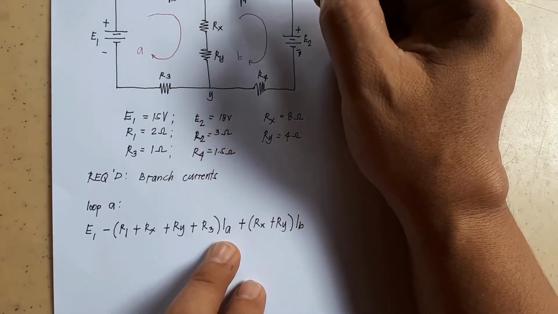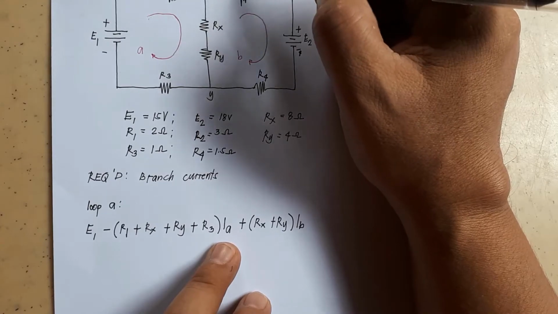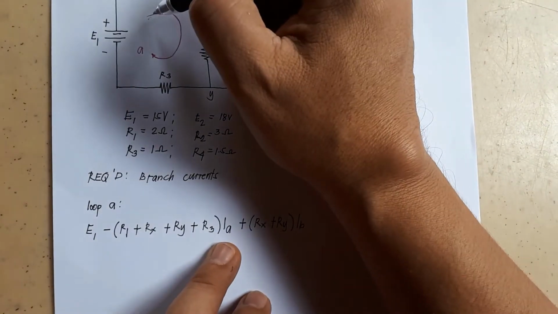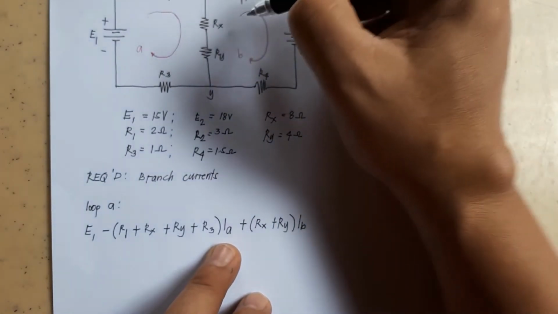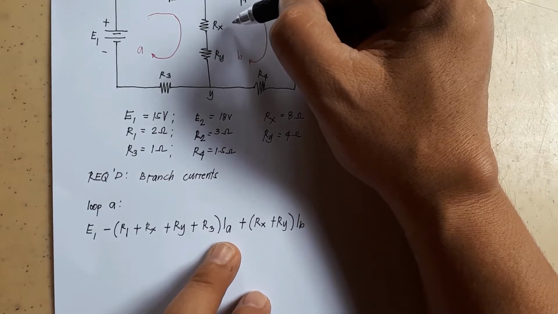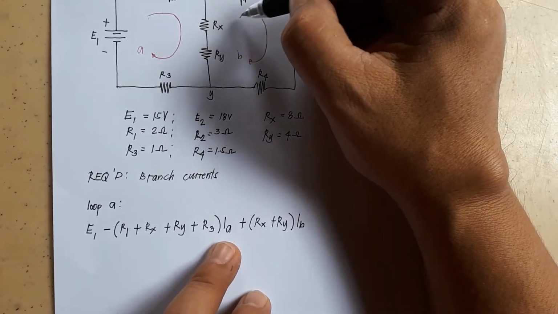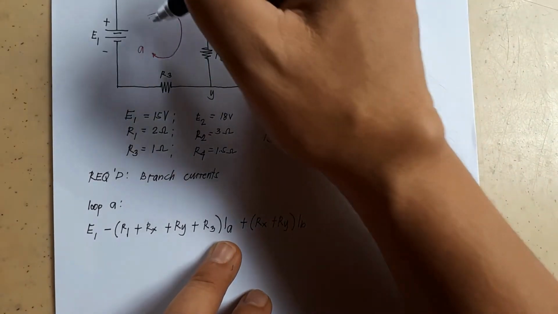By the way, take note that when we make use of the Maxwell's method, see to it that the direction you consider for loop A should also correspond to the direction of the loop made for loop B. That's why they go together.